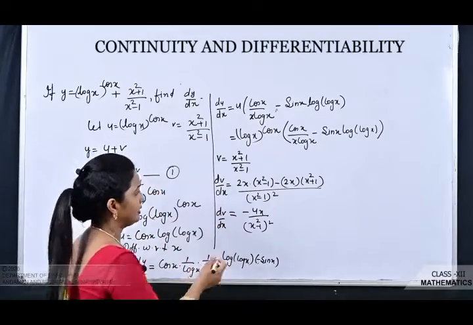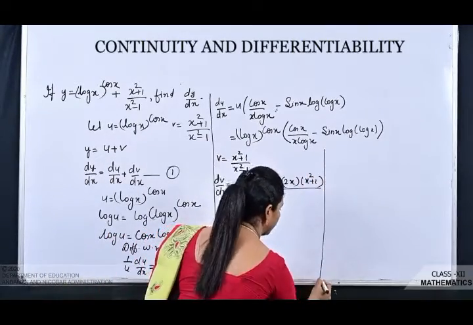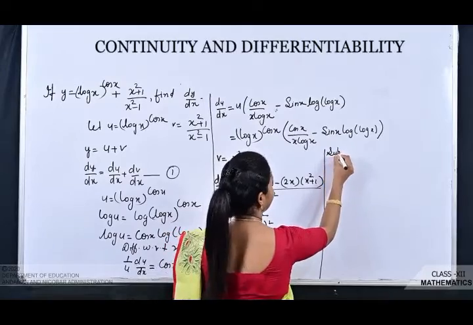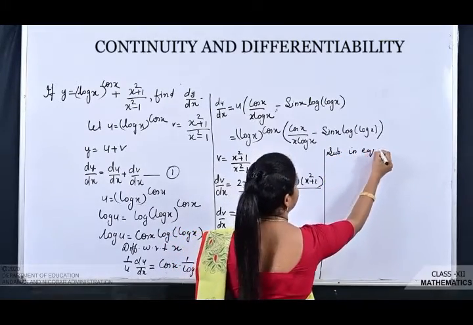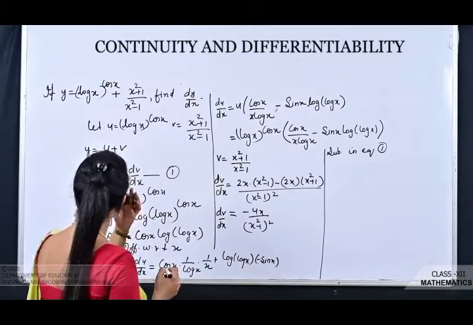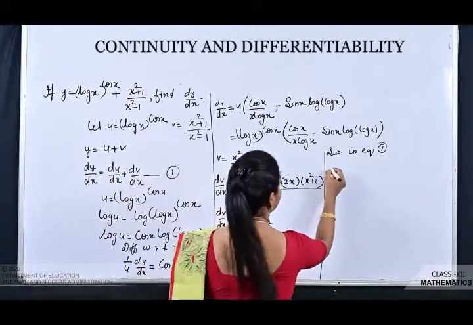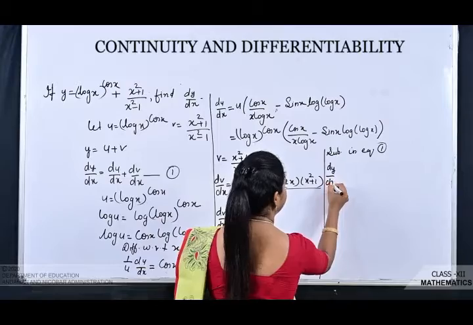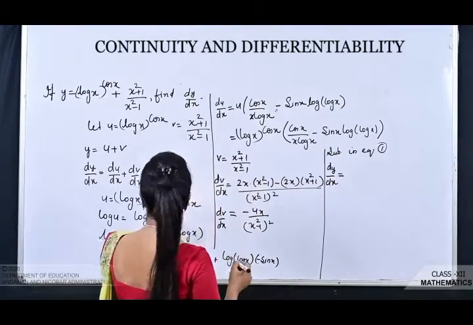Now finally you will combine, substituting in equation 1 the value of du by dx and dv by dx, you are going to get dy by dx as, what is du by dx?